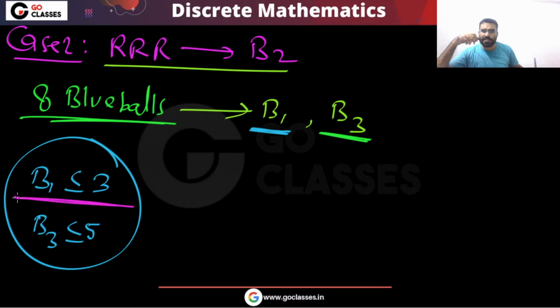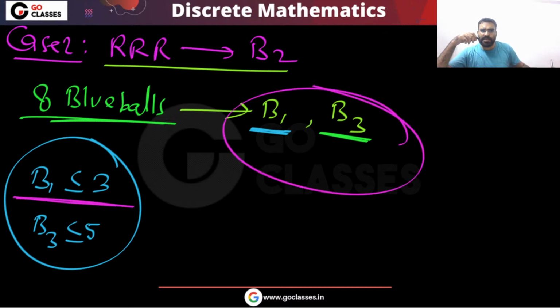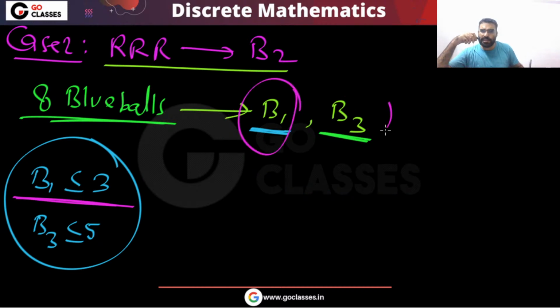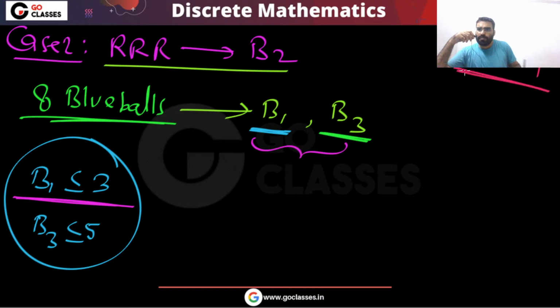Remember, B1 has capacity 3, B3 has capacity 5, so they accommodate a total of 8 blue balls. But one blue ball still remains, where will it go? That will go to B2, because B2 has the capacity of 4, and you are giving 3 red balls to B2. So one blue ball will go there.